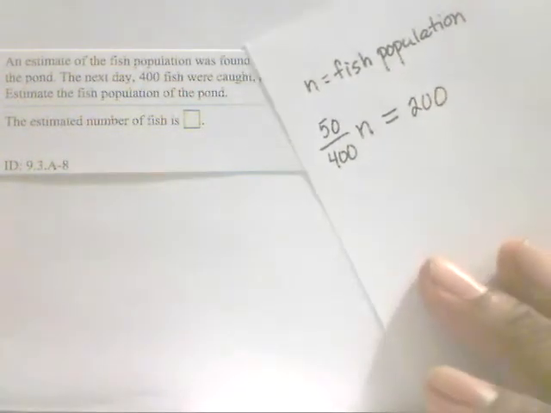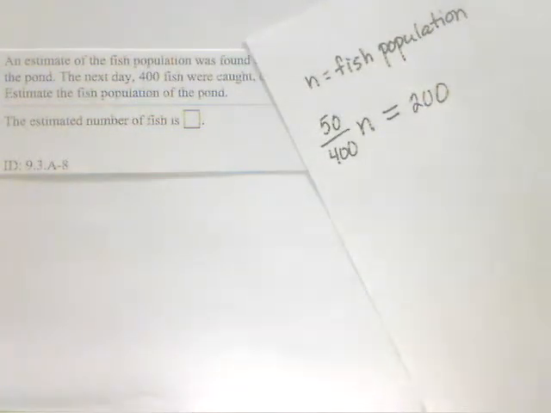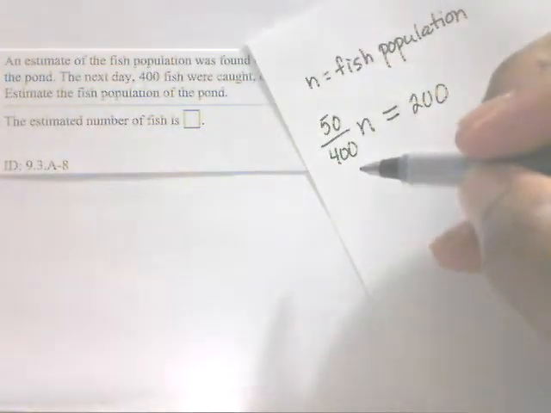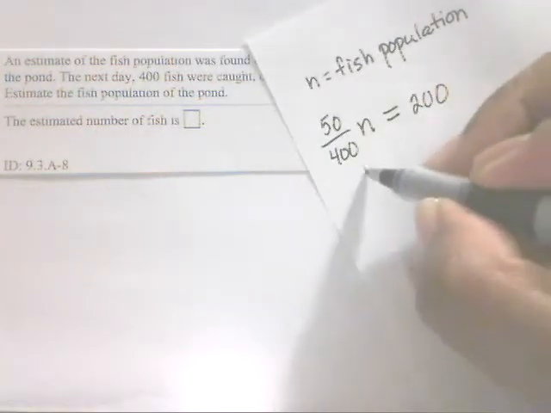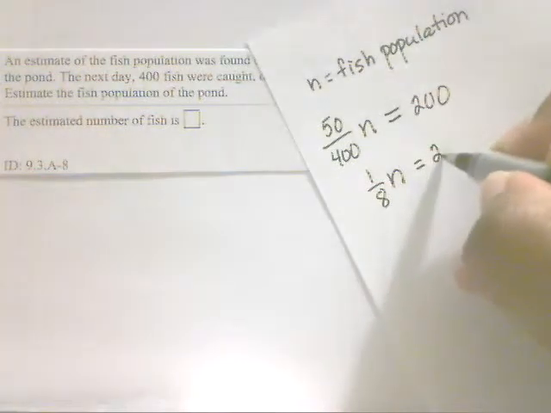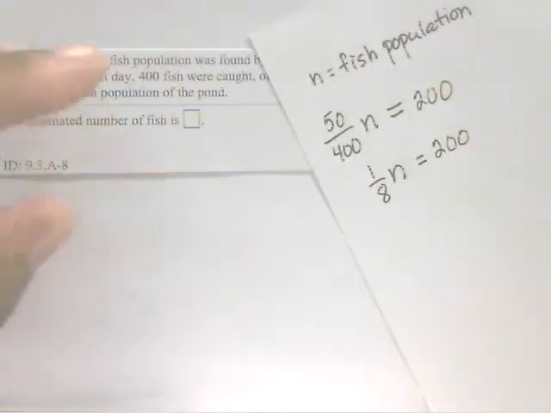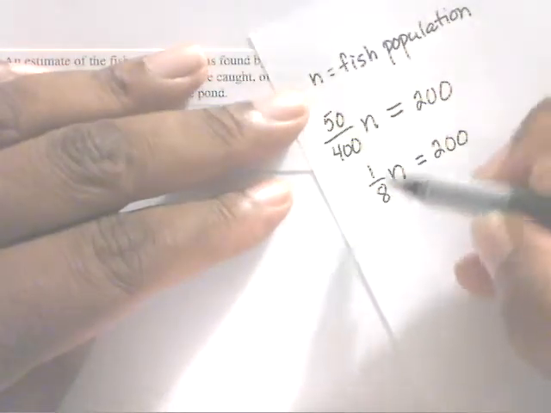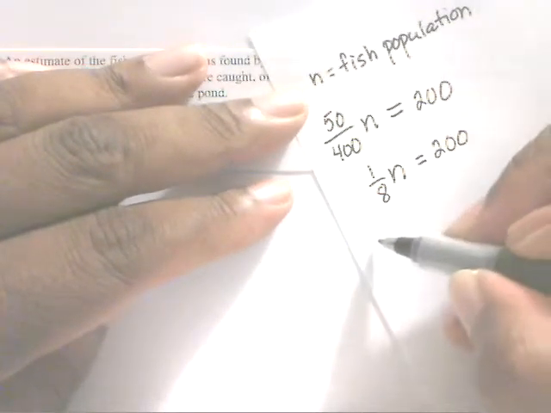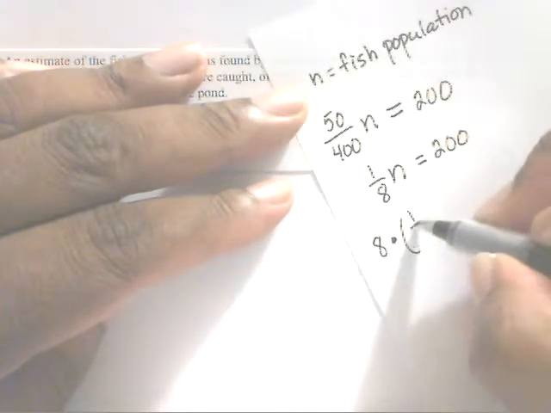So here we have an equation: 50 over 400 times N is equal to 200. Now I'm going to reduce 50 over 400 to 1/8. So now I've got 1/8 N is equal to 200. And then I'm going to solve this equation for N. I'm multiplying by 1/8, but it'll be easier for me to multiply by the reciprocal of 1/8, which is 8.